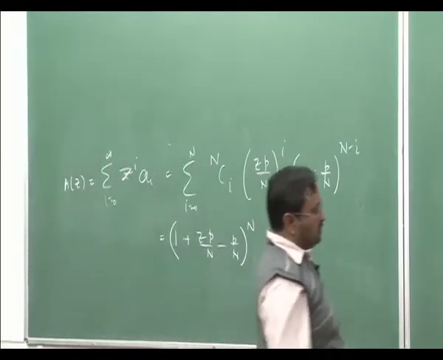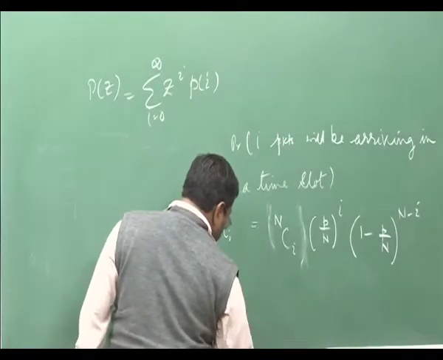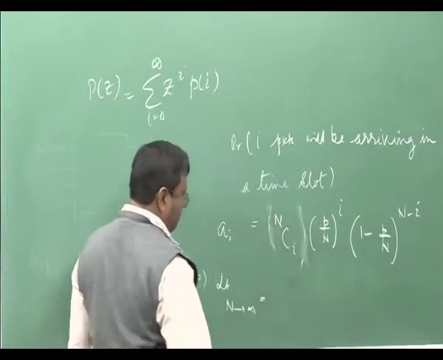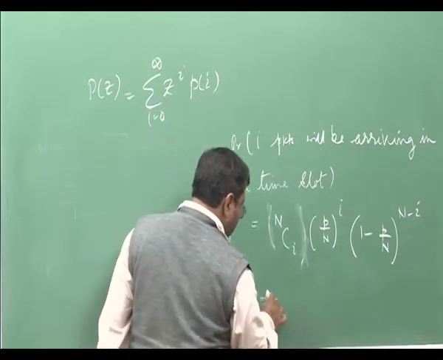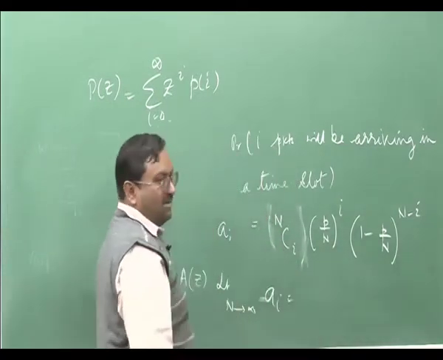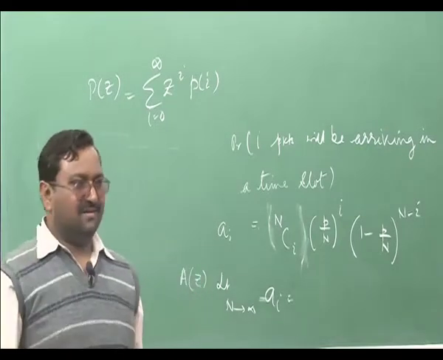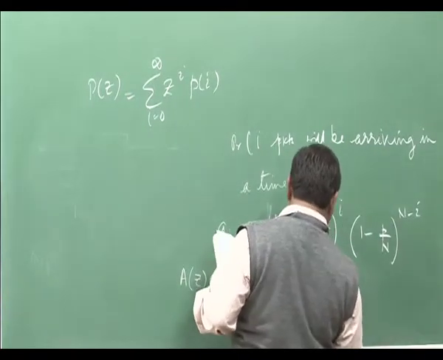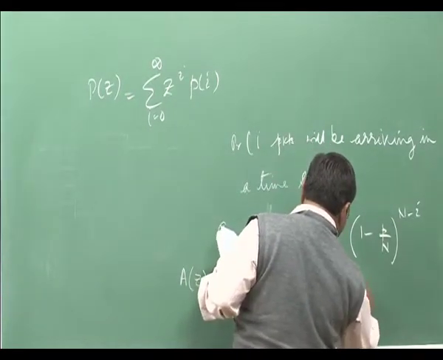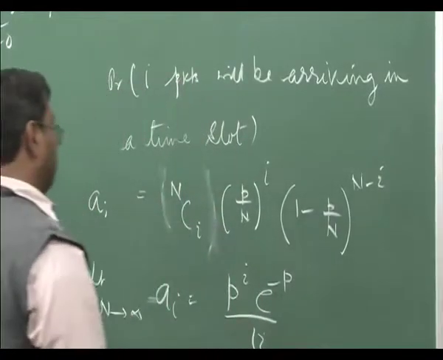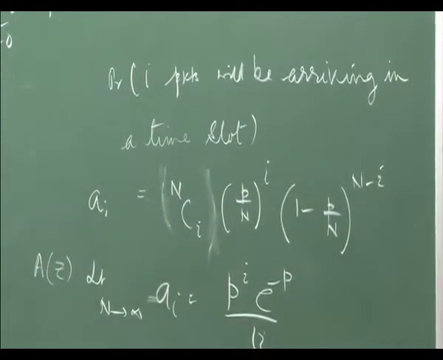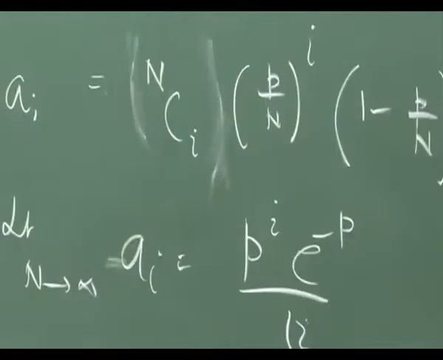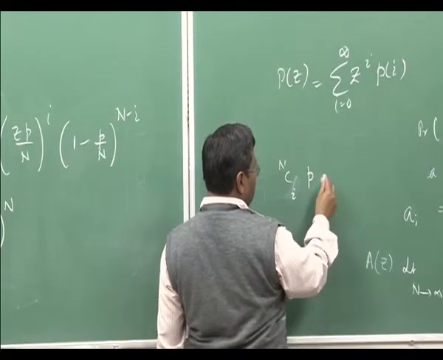And of course, if n goes to infinity, in that case A_i will be what? A Poisson statistics. This I think was also a standard result. This is what it will converge to. I remember this probability nCi P raised power, you must have done in terms of P and Q, I think.